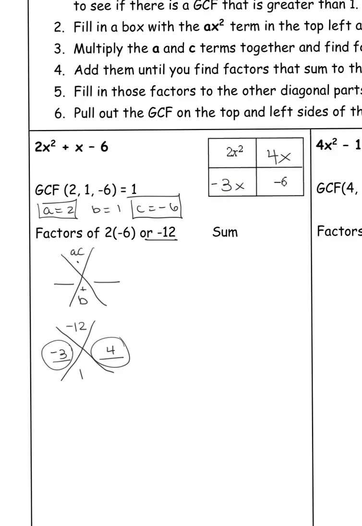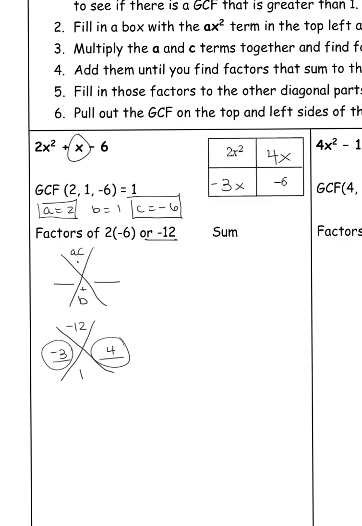If we combine them together, it gives us our middle term b of 1x. Okay. So when we used the box method originally, we had to multiply to get our trinomial. Now we're going to work backwards and we're going to take out the GCF in order to find our factors, or our binomials, that multiply to give us our trinomial. So looking at my first row, I have 2x squared and 4x.